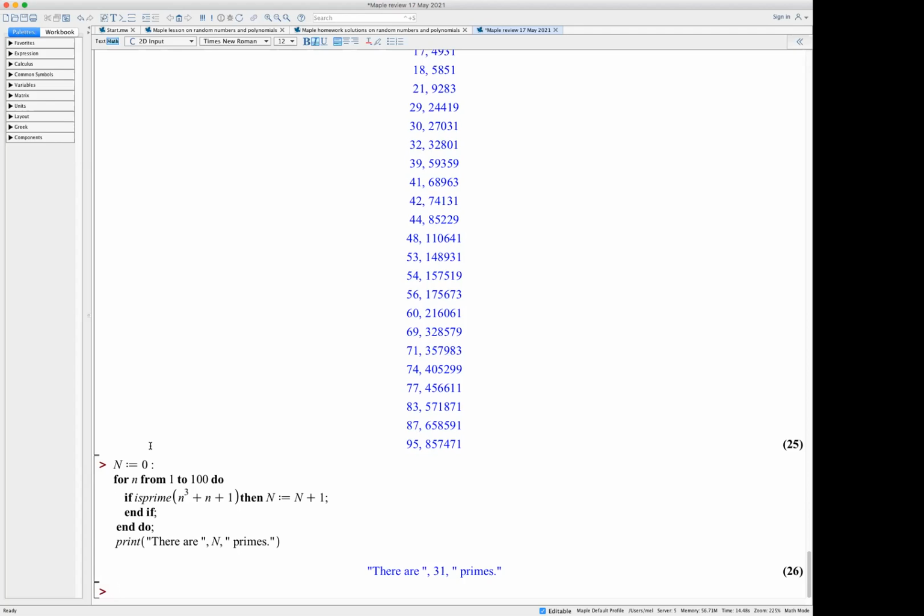Yes, sir. I have a question about the print portion. How exactly am I supposed to input that? Like, am I supposed to put a space after it or after the end do? Because right now I'm getting an error. No, there doesn't have to be. If it's on the next line, there doesn't need to be a space. But if you have spaces, like if you had a space here, you're going to get an error.